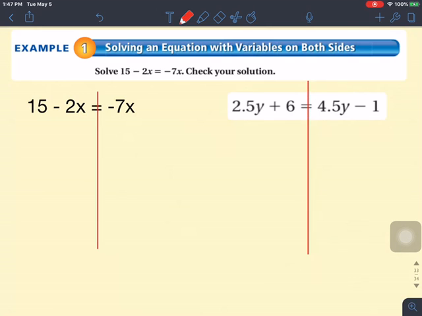And if you look at this first one, 15 minus 2x equals negative 7x, you could do a lot of things. The problem is that you've got a negative 2x here and a negative 7x here. And we need to change this so that we have an x on one side. Now, you really can't go wrong. I always tell kids, find one of the x terms and get rid of it through an inverse operation.